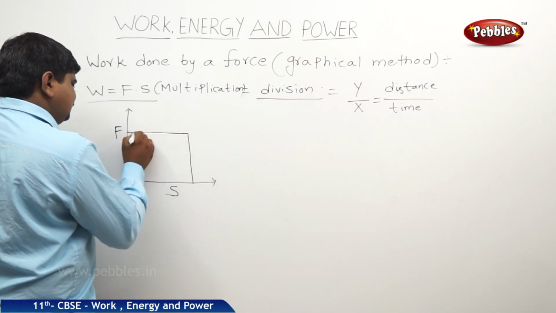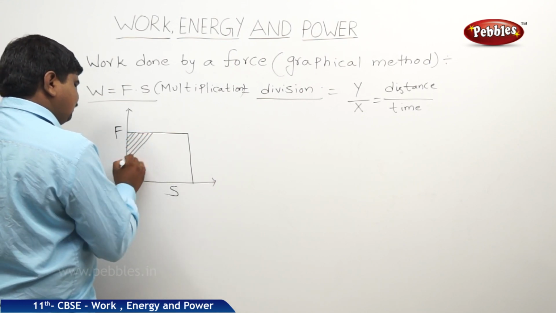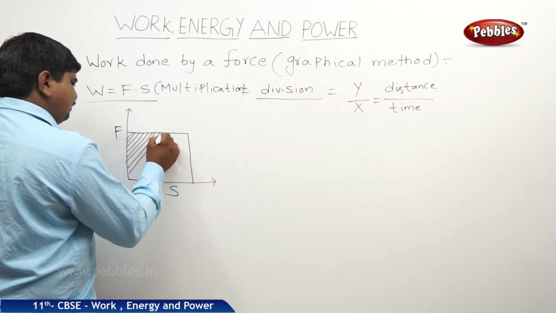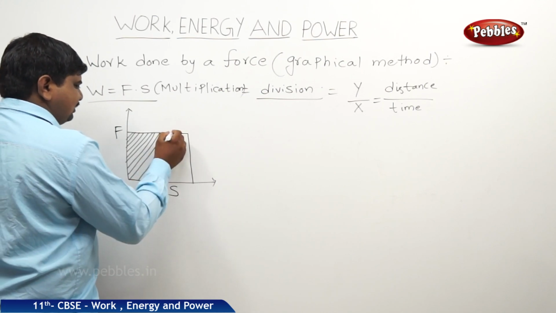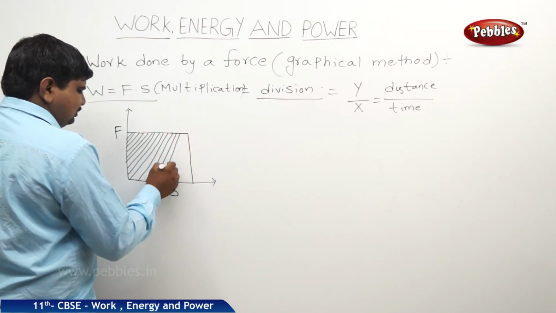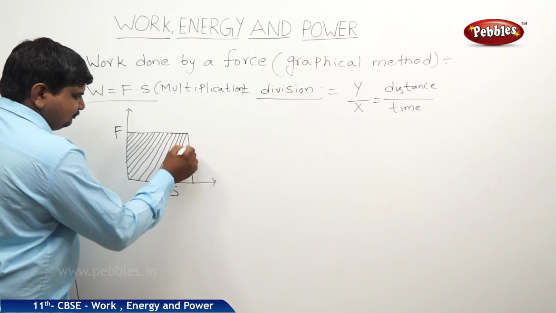This is the area occupied by the shade of the graph. If the shaded area forms a rectangular or square shape like this, we can take the area of that geometrical shape, and that will give the work done by the body.